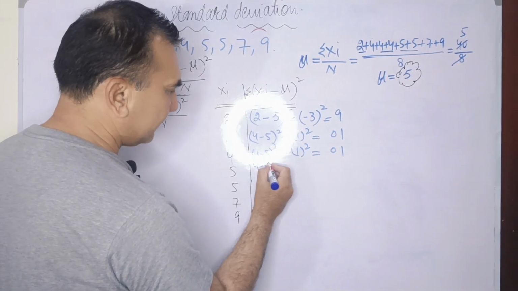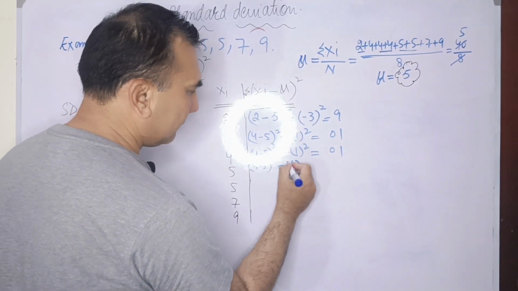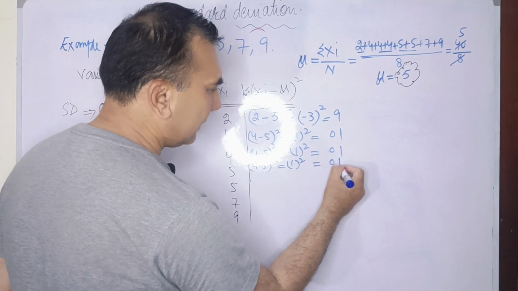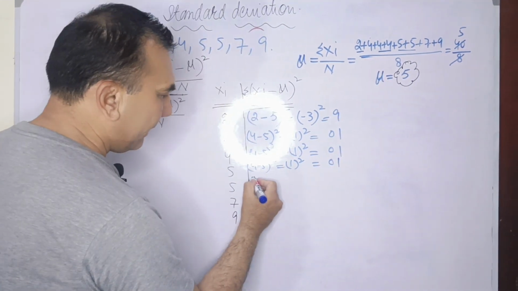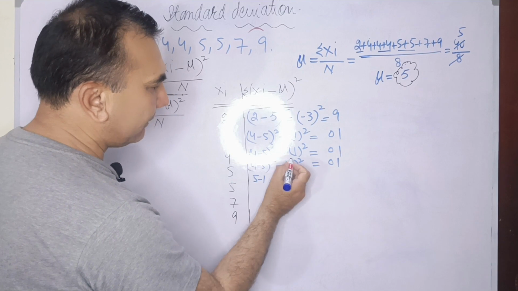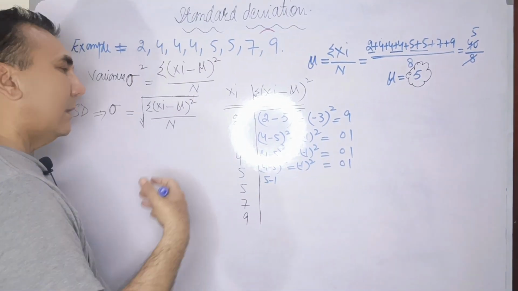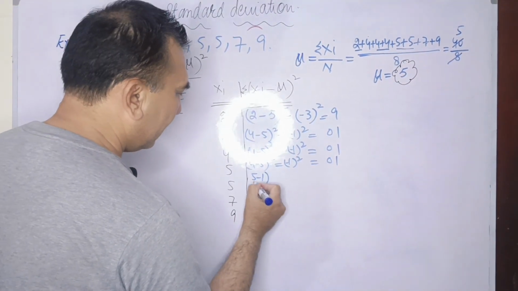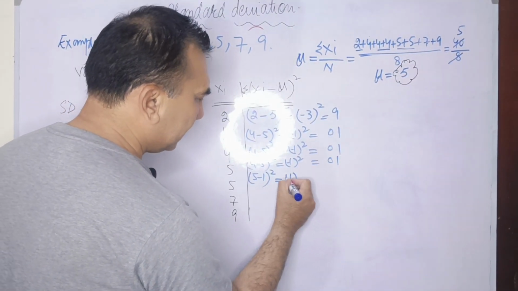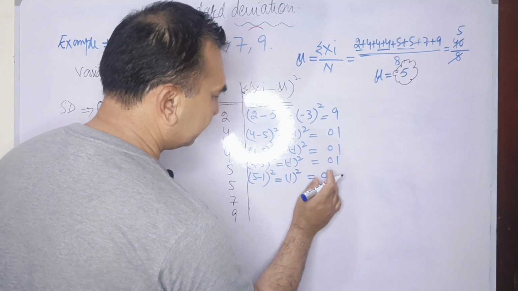Again 4 minus 5, squared, gives 1. Again 4 minus 5 squared gives 1. If a difference is negative, when we square it, it comes out with a plus sign.